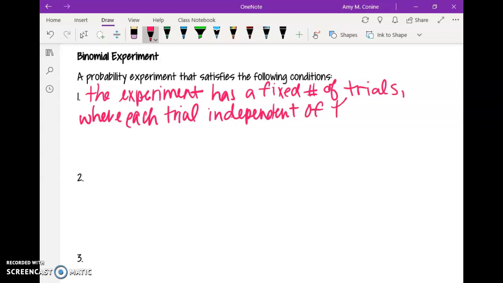So the experiment has a fixed number of trials, some number of times that it's done, where the trials are independent of each other.